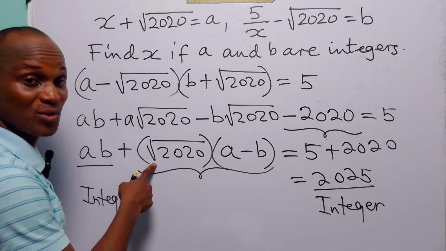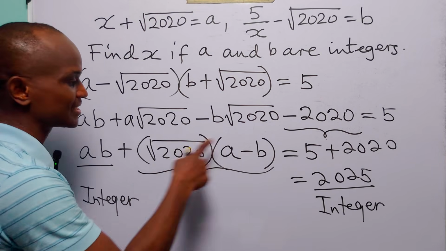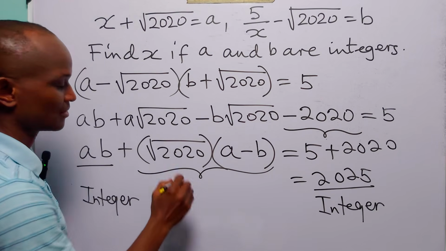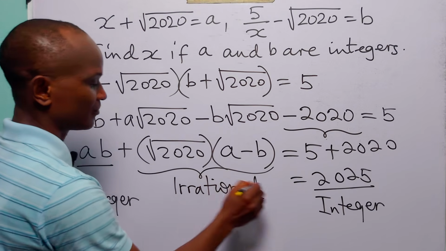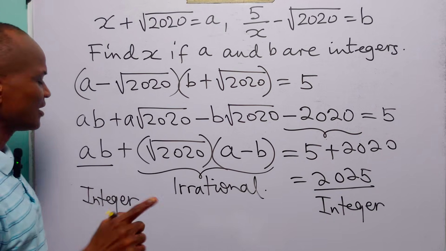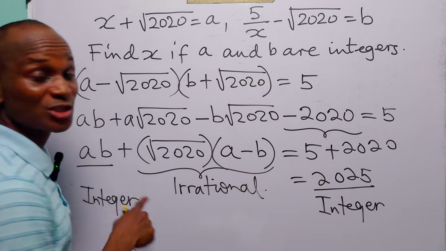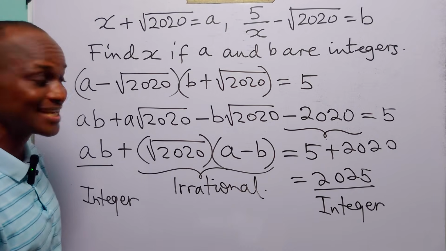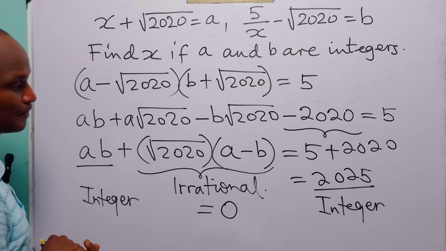So root 2020 is irrational. That means that this times this is irrational. Now, if a and b are integers, the only way that this equation is going to be possible is if this term is equal to 0.